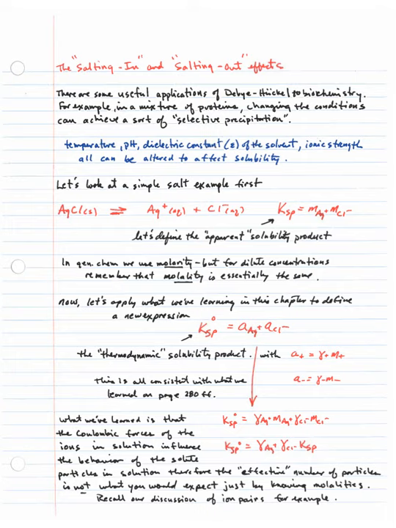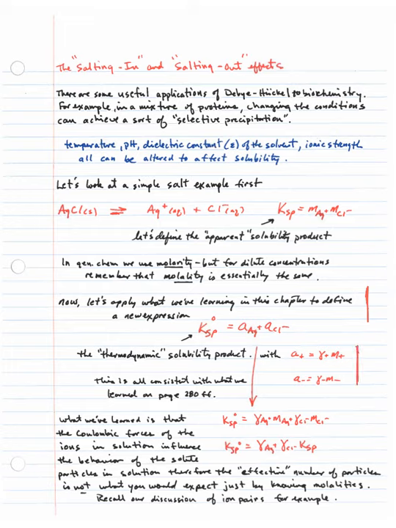But now we're going to apply what we've learned in this chapter to define a new expression, called the thermodynamic solubility product. So KSP with a naught in the superscript, the thermodynamic solubility product, is going to be the product of the activities of each ion. Not the molalities, but the activities. Remember that the activity can be thought of as the effective concentration.